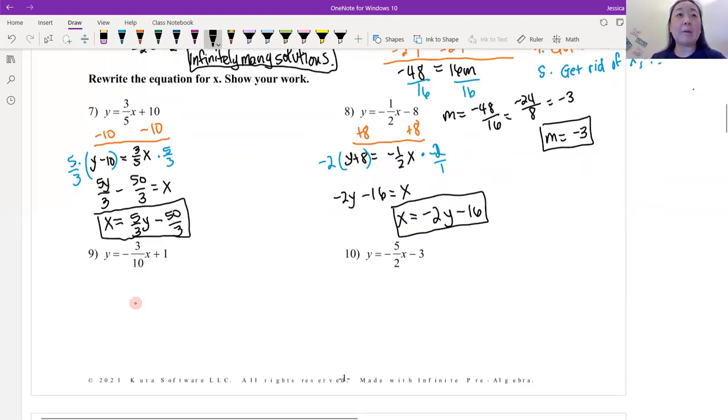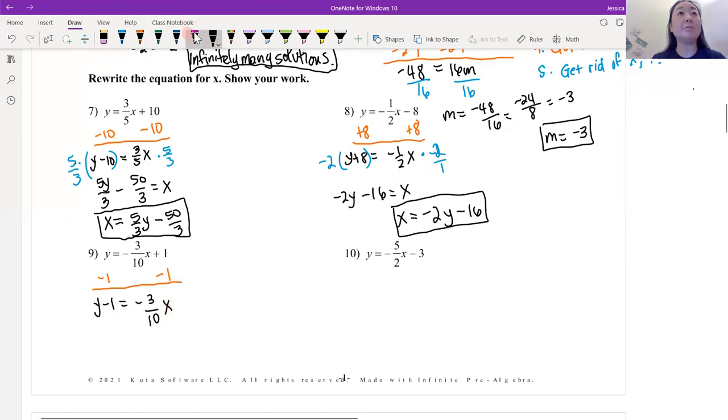So now, like I said, I'm going to show you the other way to do it for number 9. What I do sometimes, well, you can start with the same thing. You can just subtract 1 on both sides. This is fine. And then y minus 1 is equal to negative 3 over 10x.